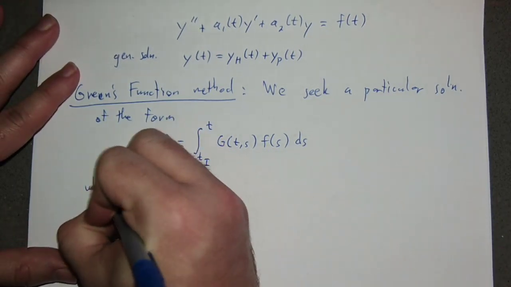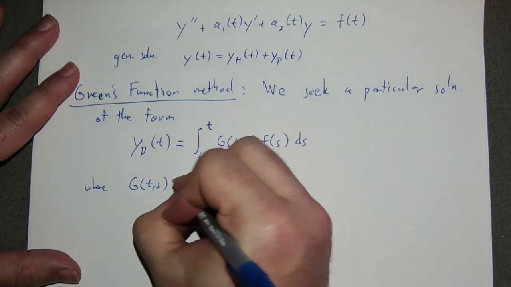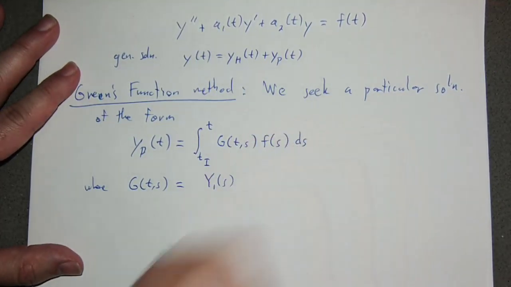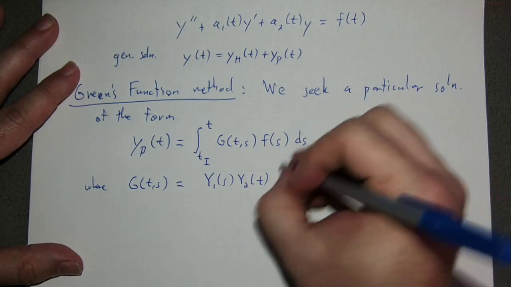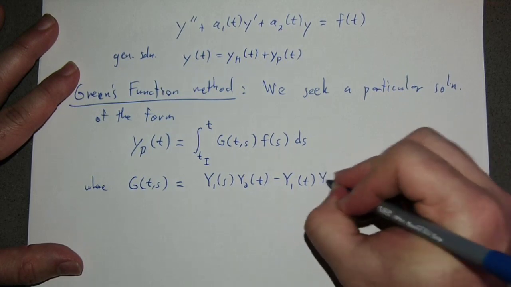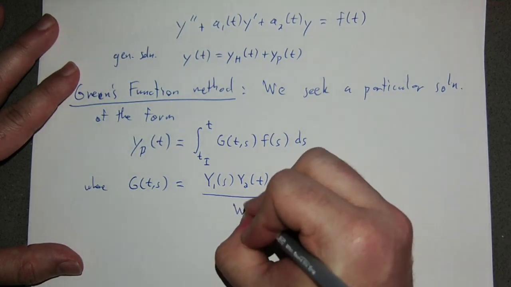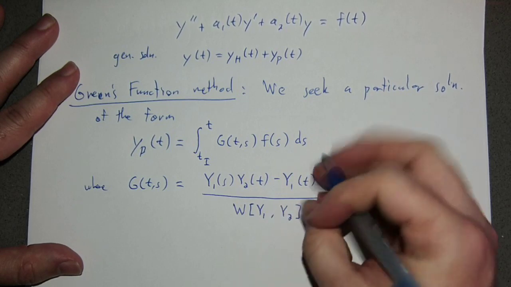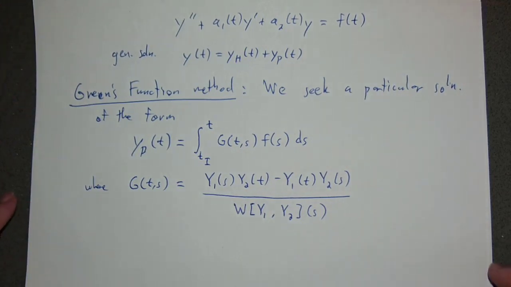Where G of t, s is the following: y sub 1 of s times y sub 2 of t minus y sub 1 of t times y sub 2 of s, divided by the Wronskian of y sub 1, y sub 2 at s.